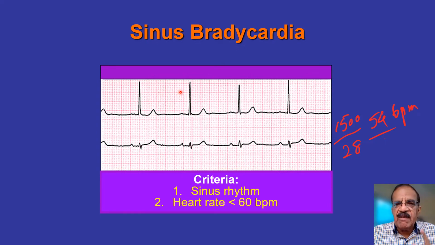So 5 complete boxes, that makes 5 times 5, 25, and 3 additional. So that makes 28. 1500 has to be divided by 28. That will give us the heart rate. That is 54 beats per minute. So it is bradycardia.